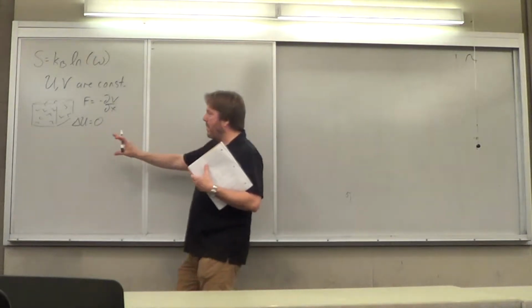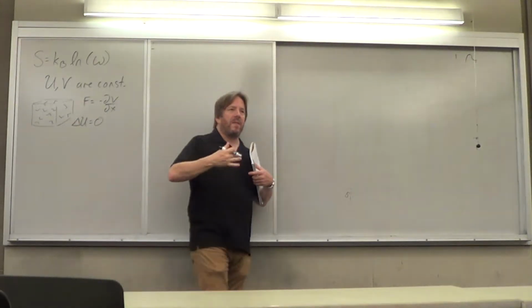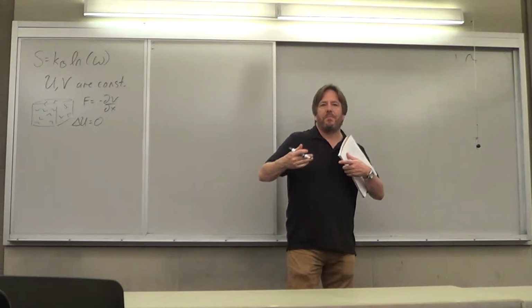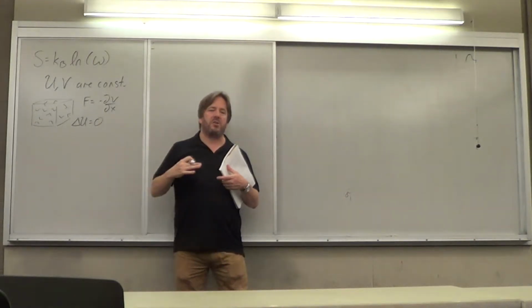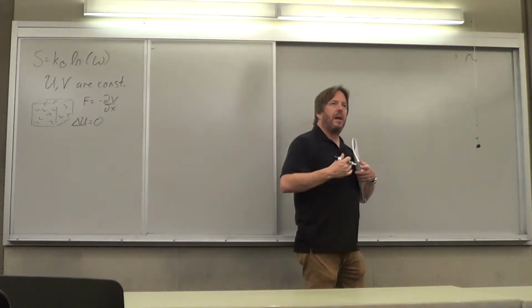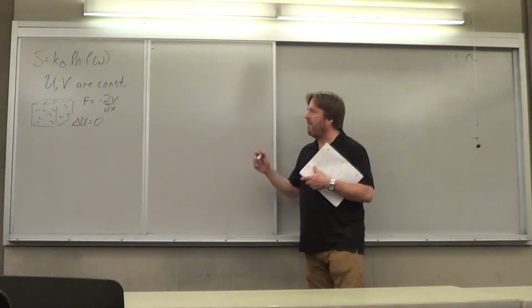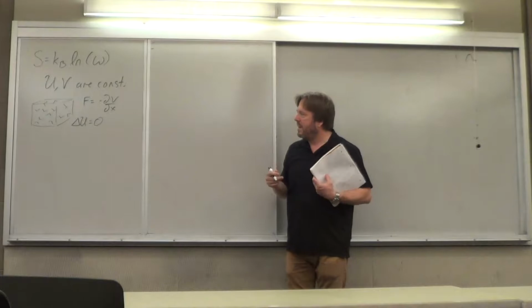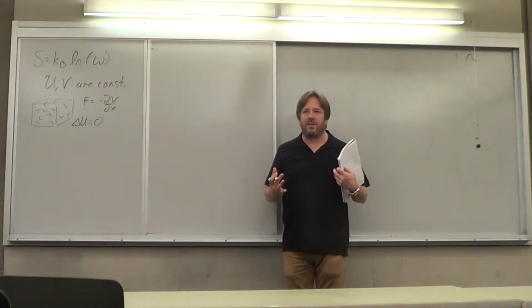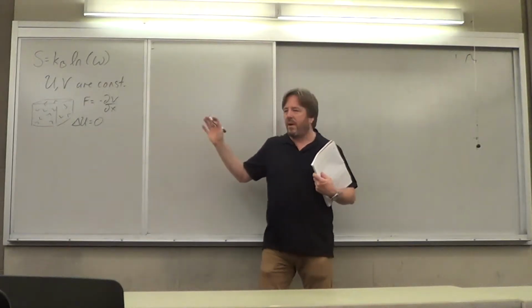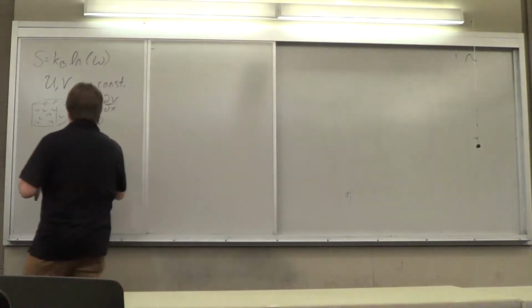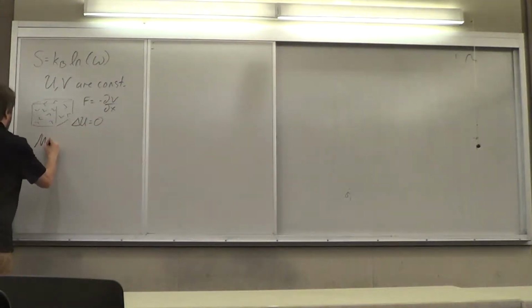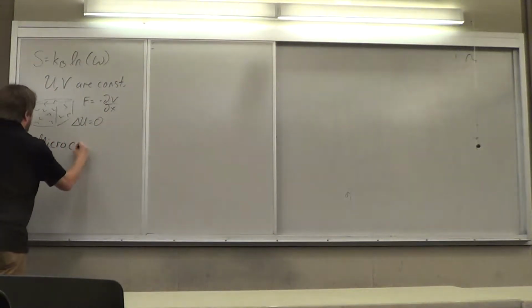Whatever property you're measuring, every snapshot, every configuration you make in your simulation is as good as any other because they all have the same entropy and they're all equally probable as a result. So that's molecular dynamics simulations. Those are very good in this statistical regime, which we're going to give a name, microcanonical.